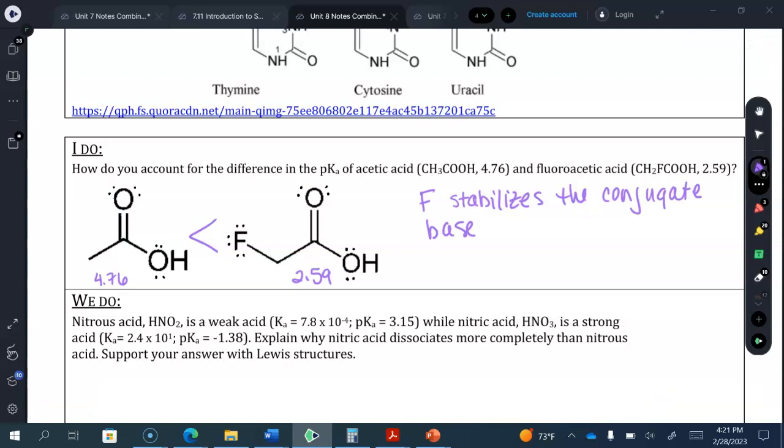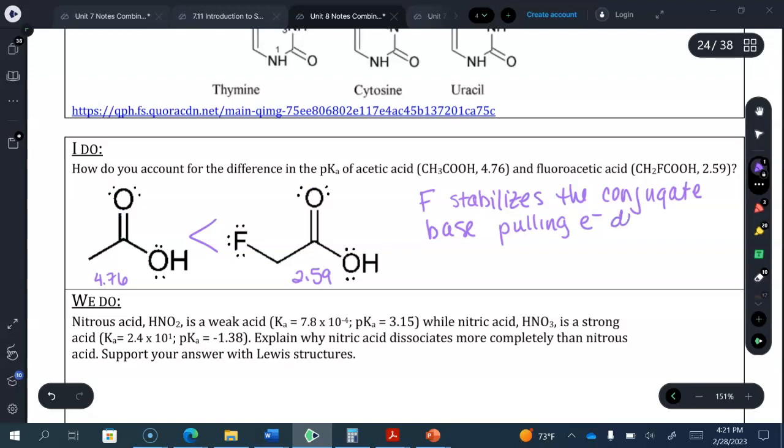through the negative inductive effect, or if we want to explain it, by pulling the electron density away from the OH group, making the fluoroacetic acid stronger.